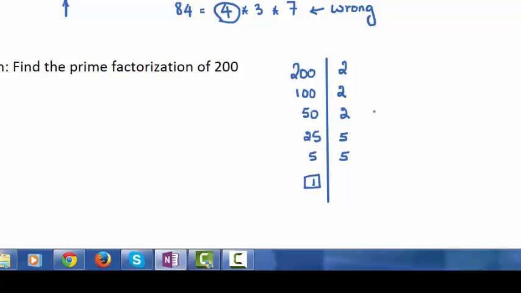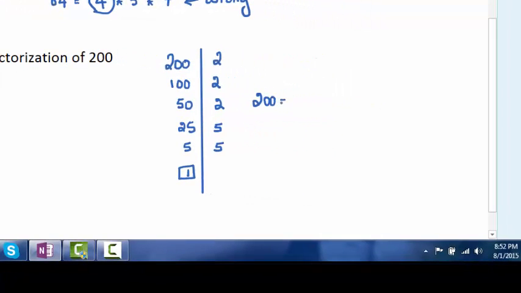That means the prime factorization of 200 equals the product of the prime factors. So 2 times 2 times 2 times 5 times 5. Another student can write the prime factorization as 2 exponent 3 times 5 exponent 2.